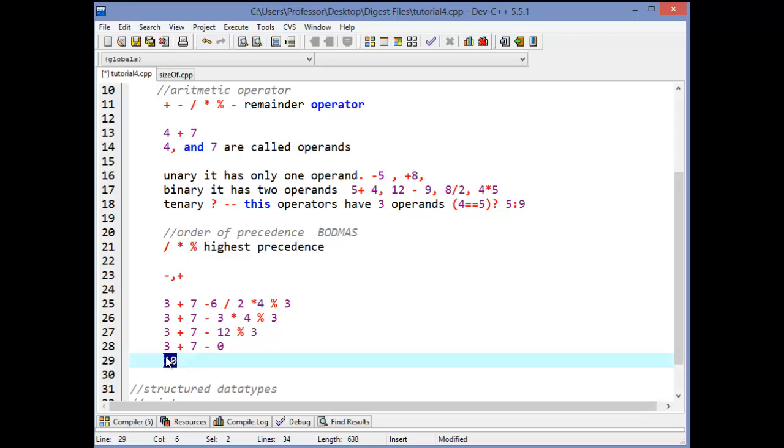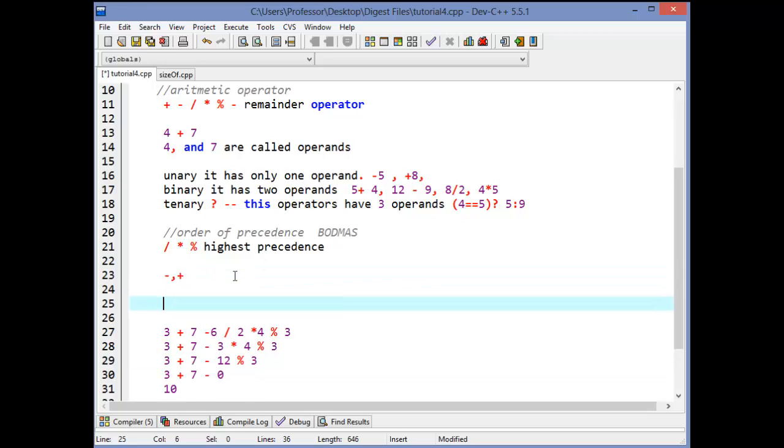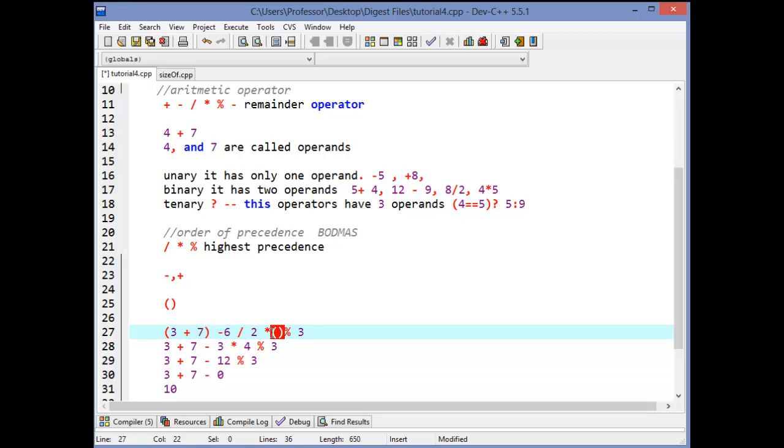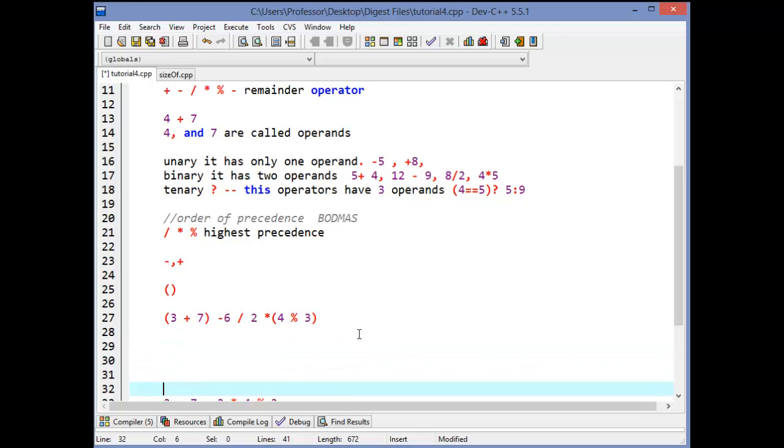Now, mostly to make our work easier and make life easier, it is advisable to introduce what we call parentheses. Is that okay? So for example, if I put parentheses on these guys and put 1 here, that is definitely going to change the answer of our expression.